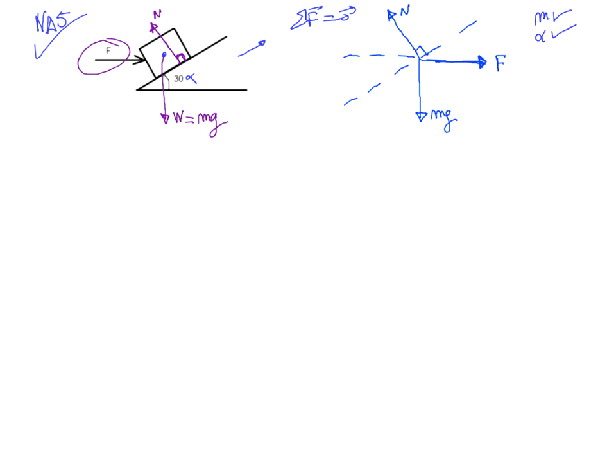Okay, next step. Pick a coordinate system. Which one do you want? Where do you want your positive x? And where do you want your positive y? Could you be more precise, Michael?